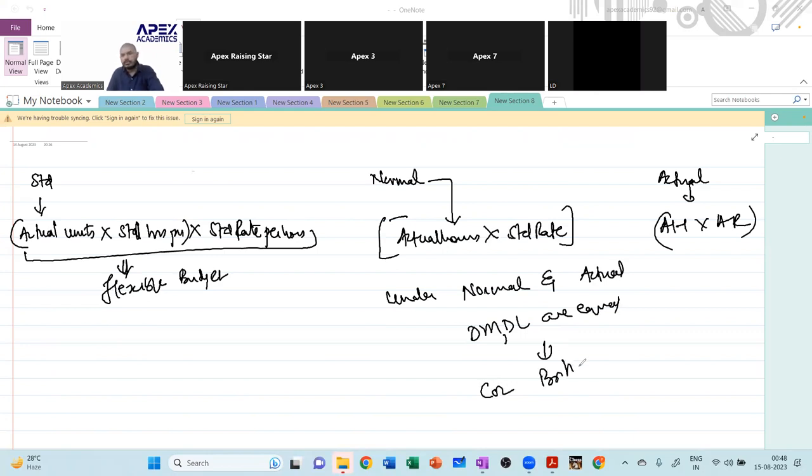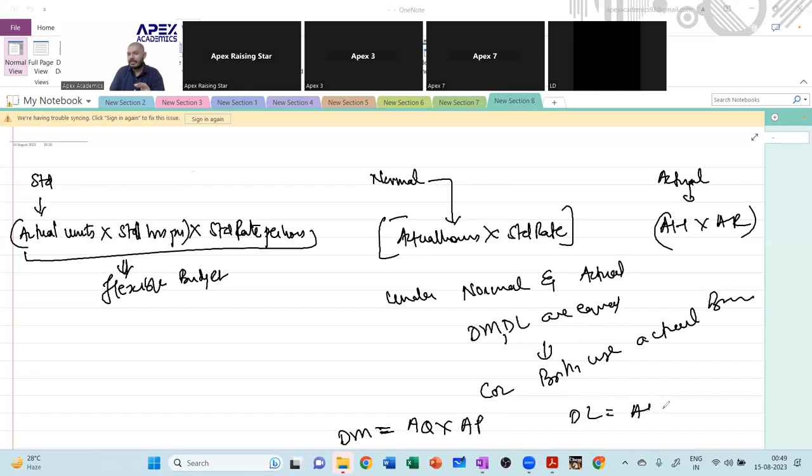Because both use actual basis. So direct material will be what? Actual quantity multiplied by actual price. Direct labor will be what? Actual hour multiplied by actual rate. Clear? 100%? Okay.